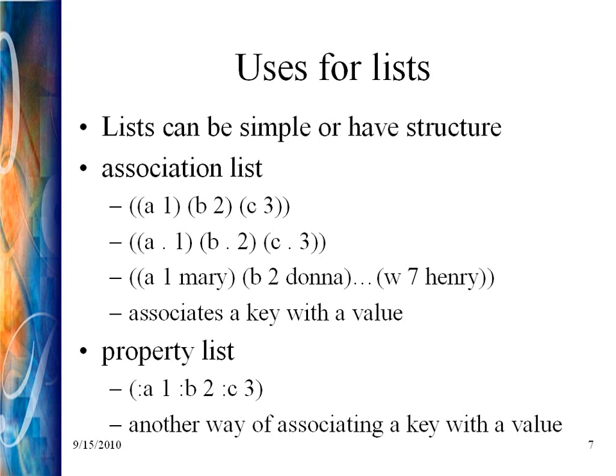So lists can be simple or have structure. Simple means the elements are themselves simply objects, or structure means that they contain sublists. There are 2 kinds of lists within Lisp.